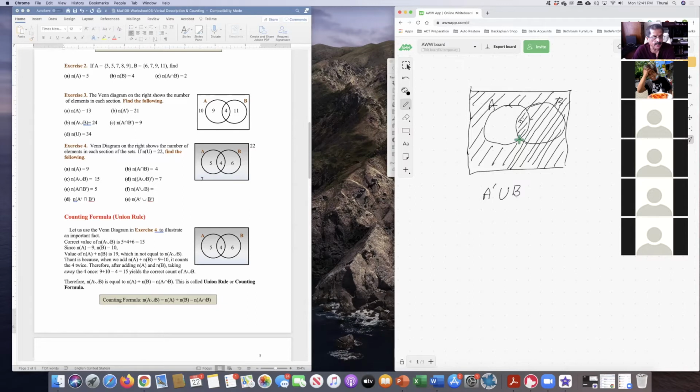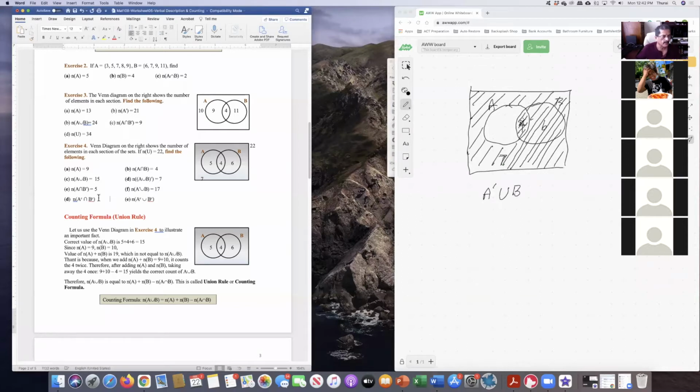And the count of that is 4 plus 6 plus 7, 17. There are 4 here, 6 here, and 7 outside. So that's why it's 17.